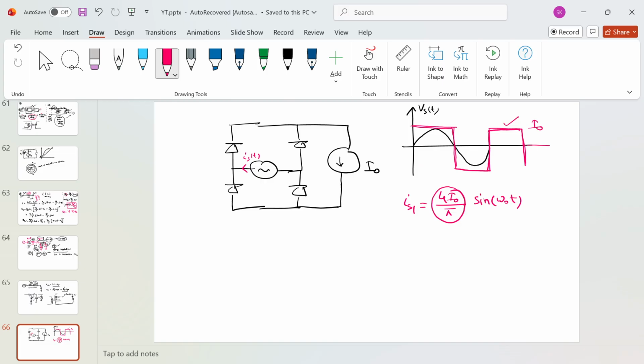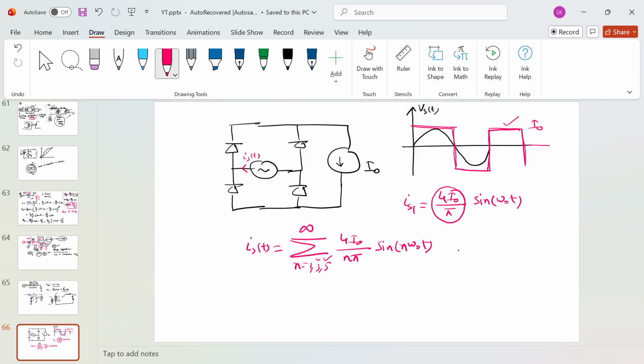But here we have the harmonic components also. If I write the Fourier series expression, it has triplen and odd harmonics, 4 I naught by n pi sine n omega naught t. So you can see there is third harmonic, fifth harmonic, all these components are there, and you are having active power delivery because of the fundamental component of current, but there is apparent power.